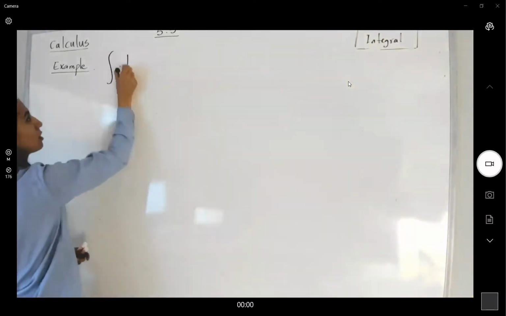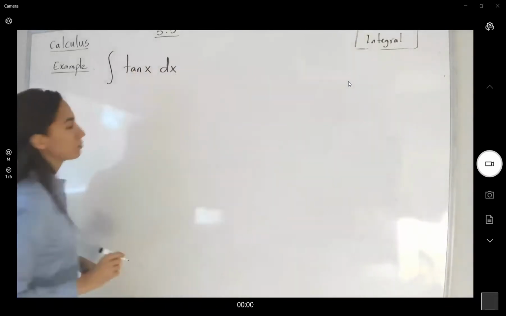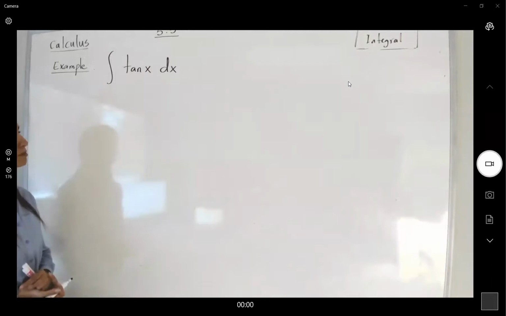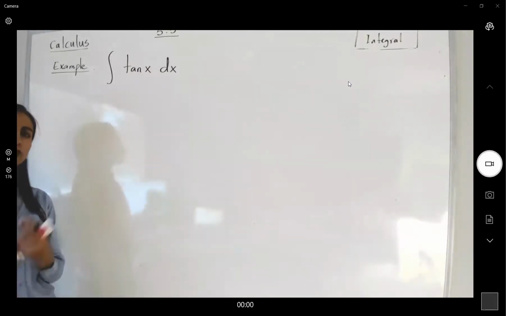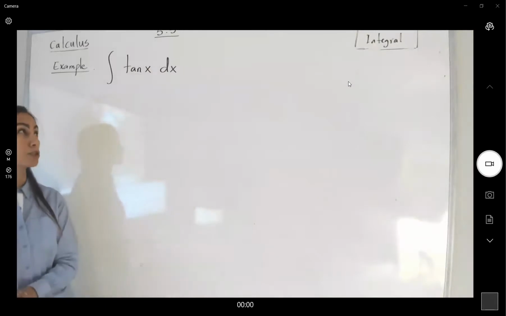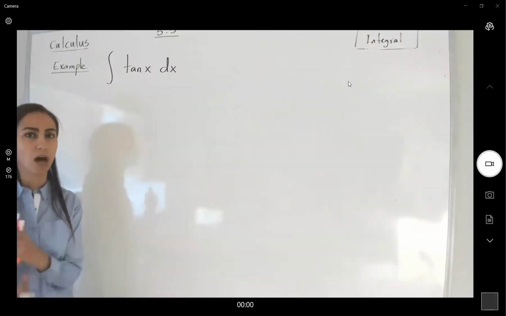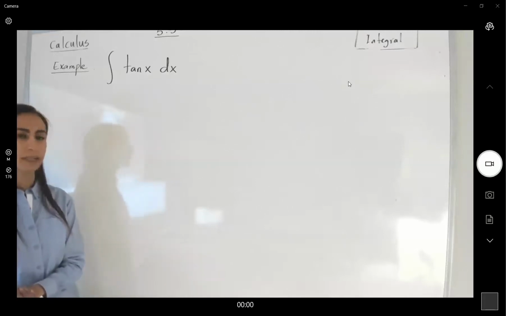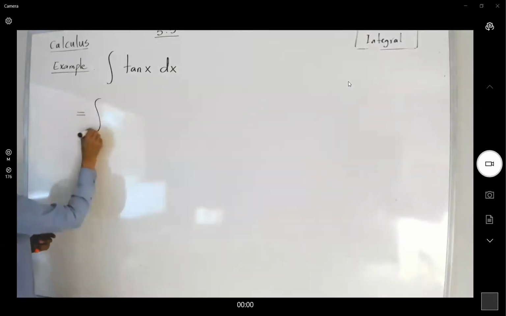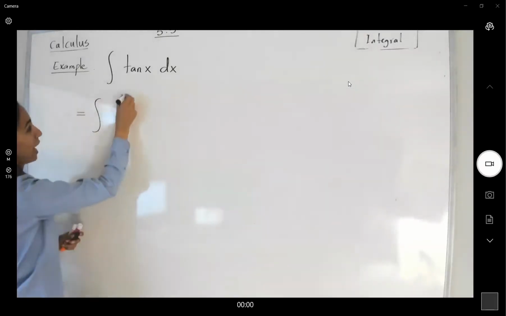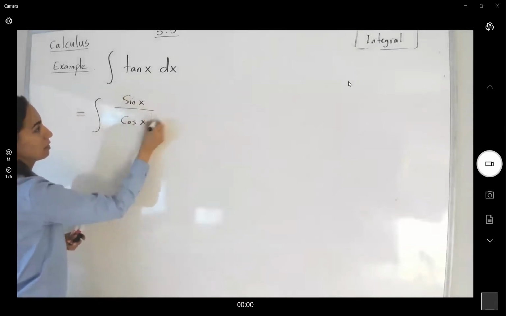Suppose somebody asks us to find the integral of tangent x with respect to variable x. I'm saying, okay, I'm going to try the substitution method, even though I don't have a term or expression with the highest exponent. Let's see how it works. This is equal to the integral, and tangent is defined as sine divided by cosine.